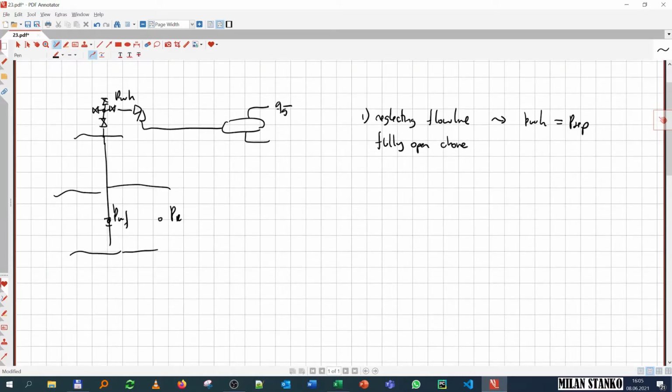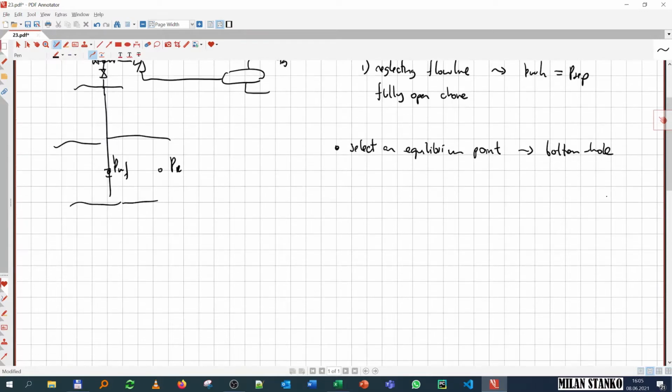So what we're going to do is select an equilibrium point. Okay, in this case it can be the bottom hole. And we want to find the curves at that point.